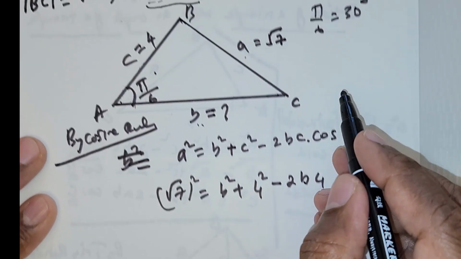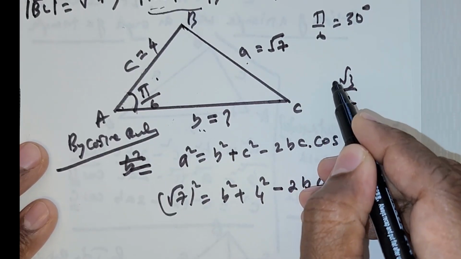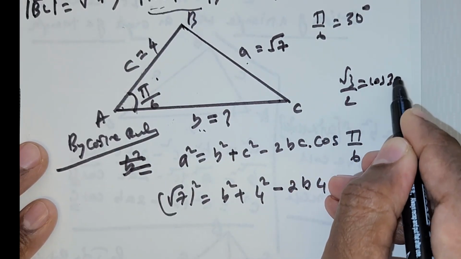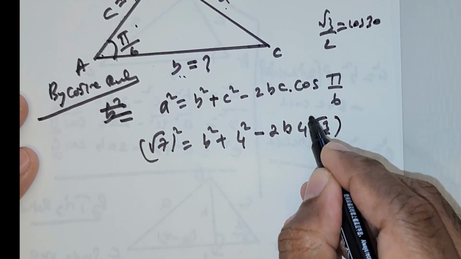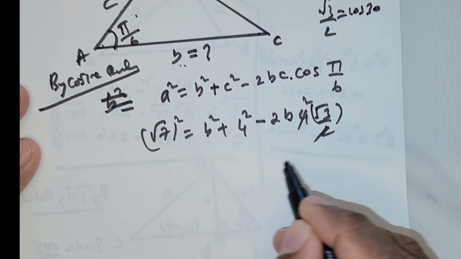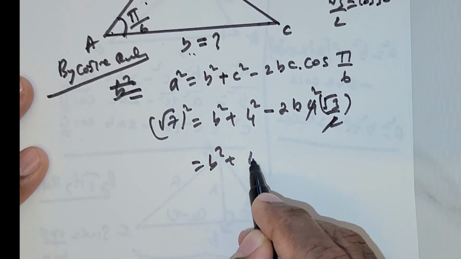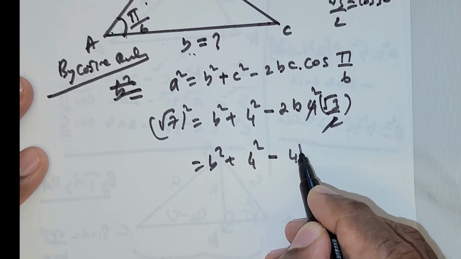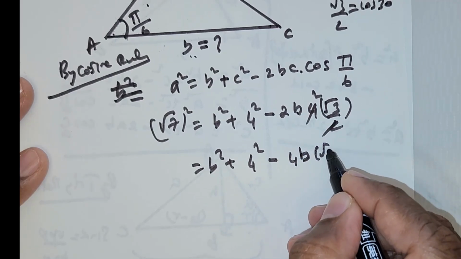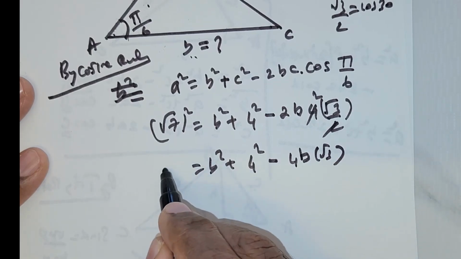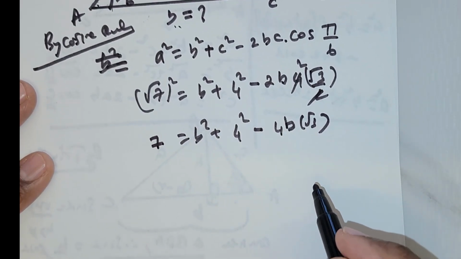Cos 30 is root 3 over 2. So 2 divides here 2 times. So you have b squared plus 4 squared minus 4 times b times root 3. And 7 squared is 7.